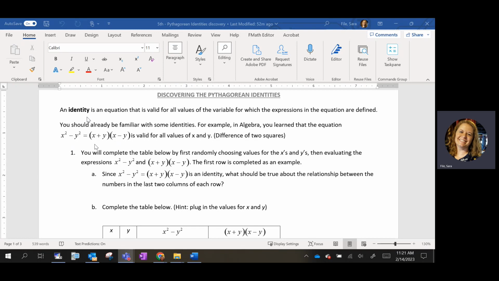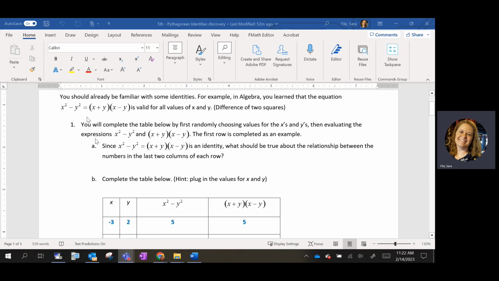So an equation that's always true, the left equals the right, no matter what value of the variable you plug in. Does that make sense? So we're going to test this out, make sure we understand how we test to see if something is indeed an identity.